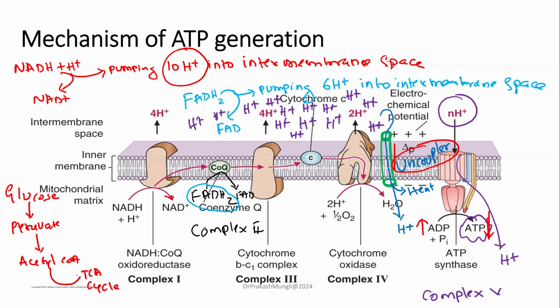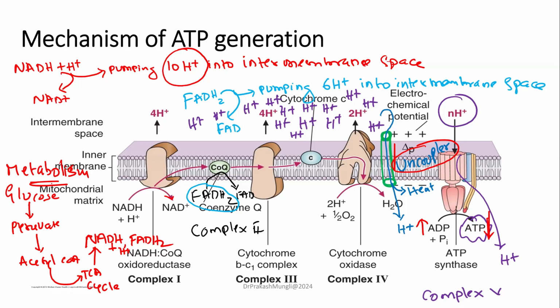In the TCA cycle you get NADH plus H+, and also FADH2. NADH plus H+ and FADH2 you get from metabolism. So overall, I'll write it as metabolism. What kind of metabolism? Is it anabolism or catabolism?